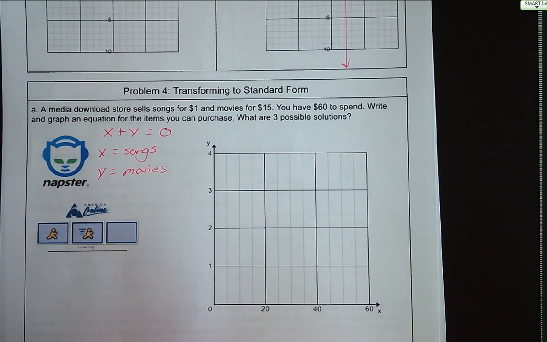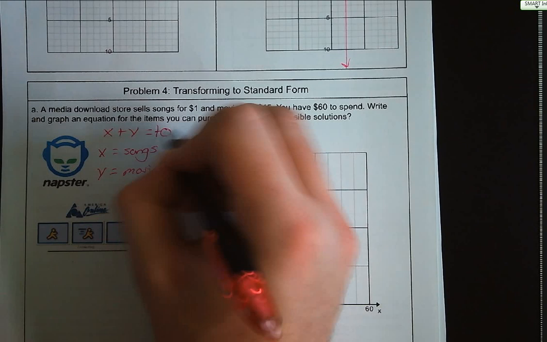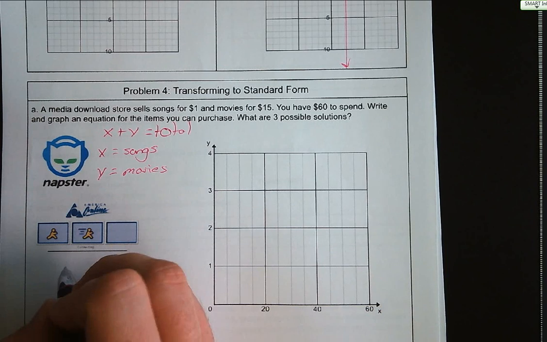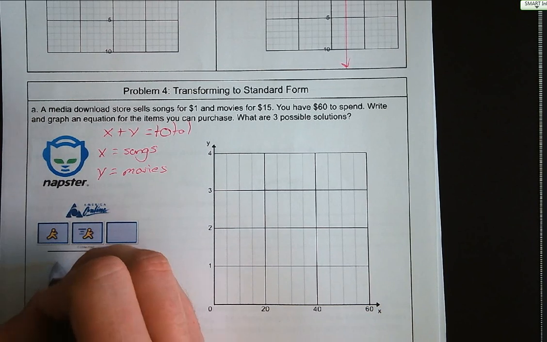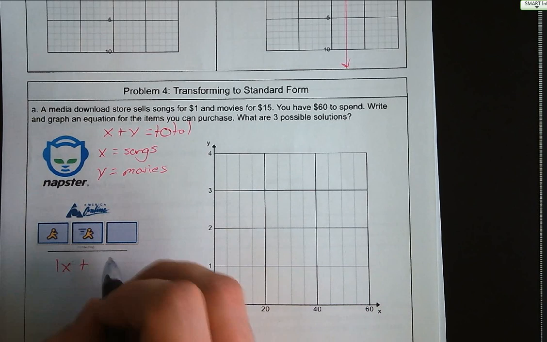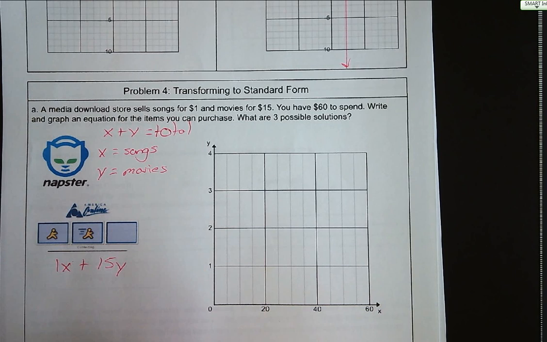So we can set up our equation. The price of a song is $1 times the number of songs, so 1x, plus we have $15 per movie times the number of movies, 15y, is equal to 60.